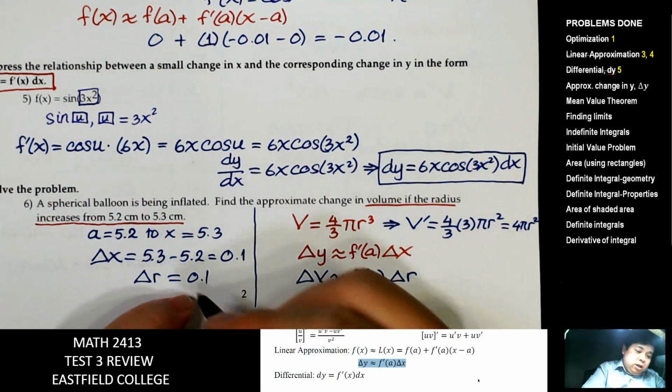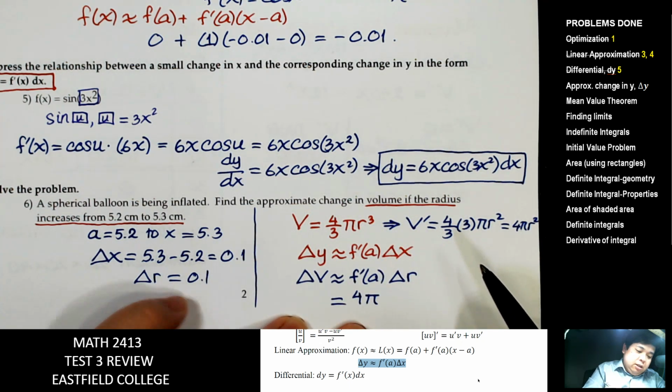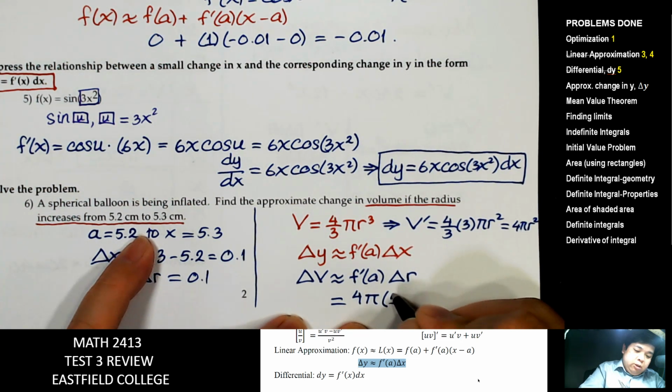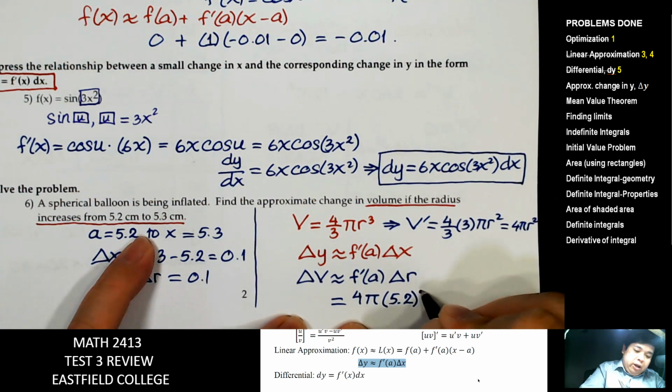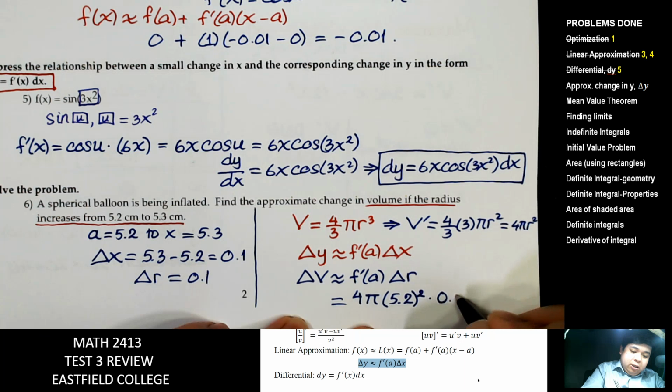Instead of r, it's going to be a, which is 5.2 squared, times delta r, 0.1. Right.